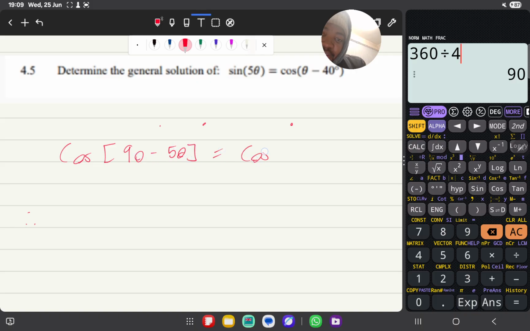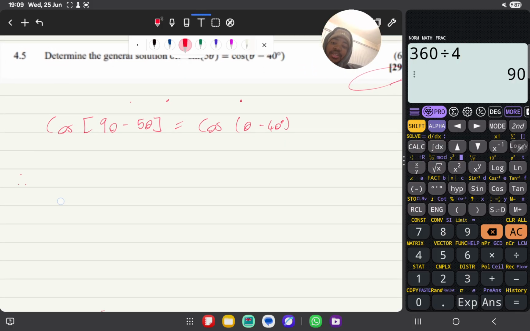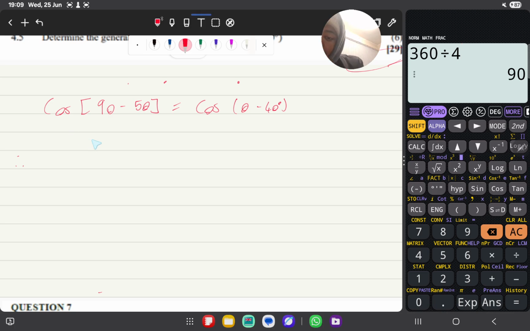Then this one you just leave as it is, cos of theta minus 40 degrees. Then the next step, since there is nothing to add or subtract, you say that 90 minus 5 theta equals theta minus 40 degrees, then plus 360 k, where k is an element of integers.